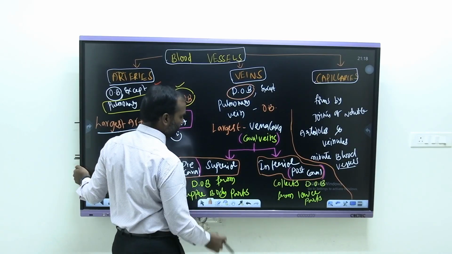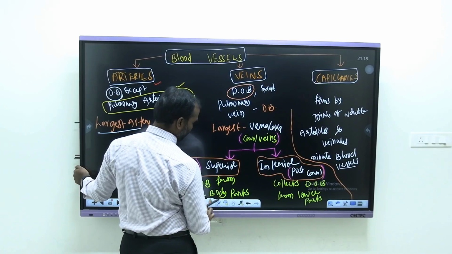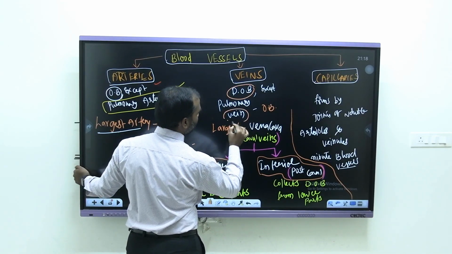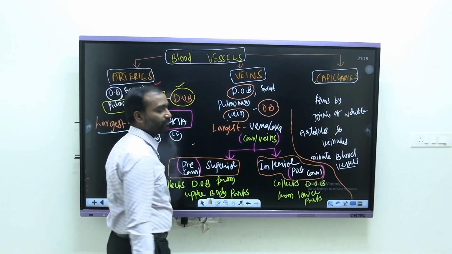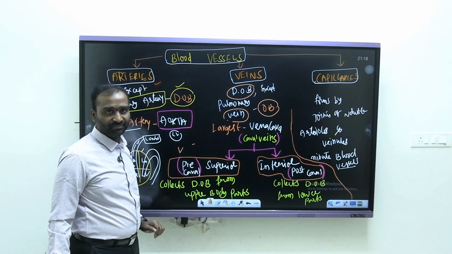Again an exception. What is the exception here? The pulmonary vein, which will be carrying oxygenated blood. So here also, what is the largest vein? Vena cava. Am I clear?